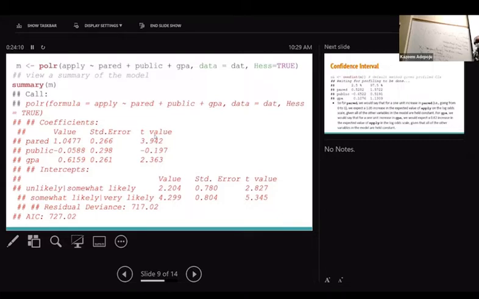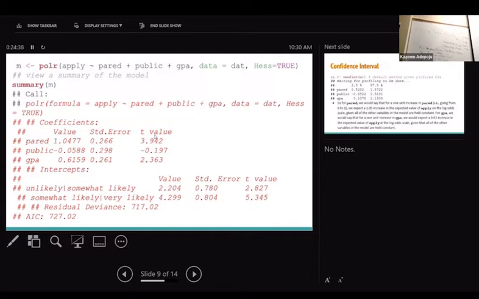This is the way ordinal logistic regression output looks now. So how are we going to interpret this, or how are we going to put this in a modeling form? Before I show you how to put that in the modeling form, I first wanted to show you something here.